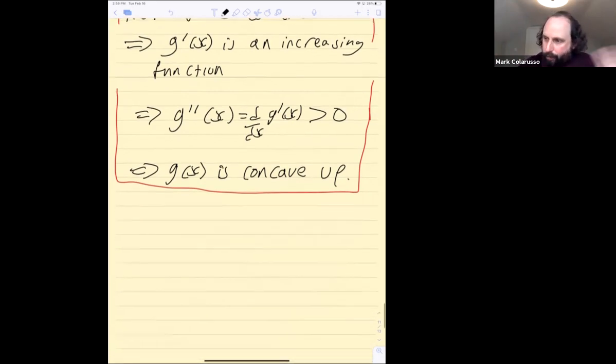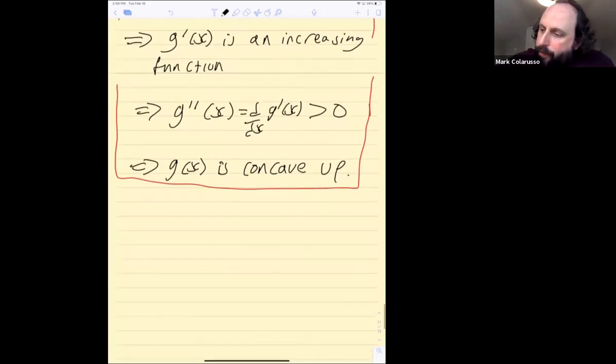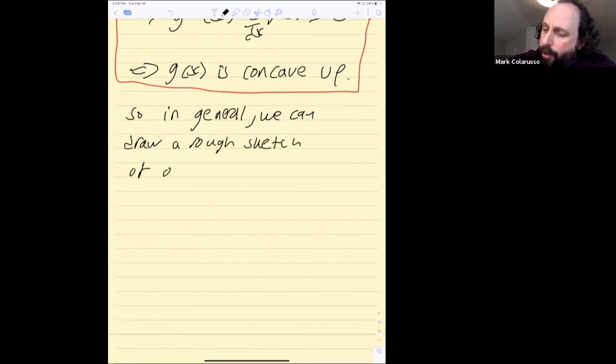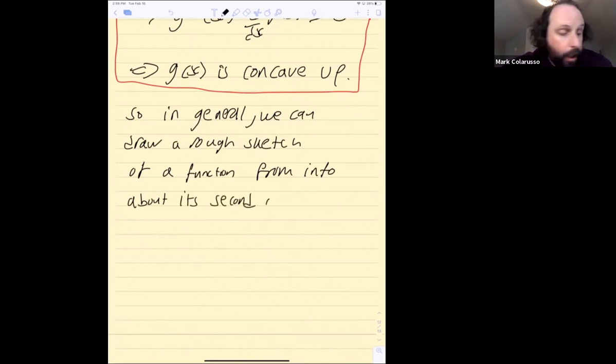Okay, so I'm not worried about it. So in general, we can draw a rough sketch of a function from information about its second and first derivatives.